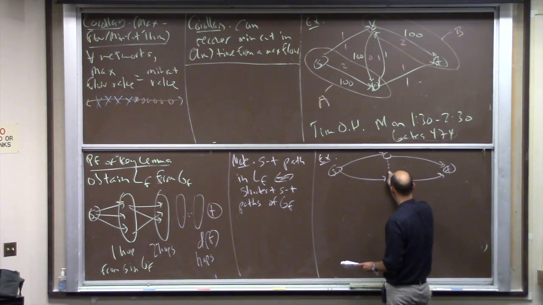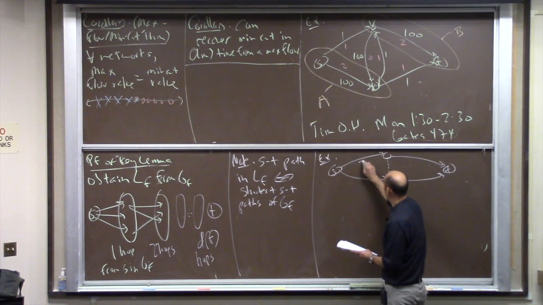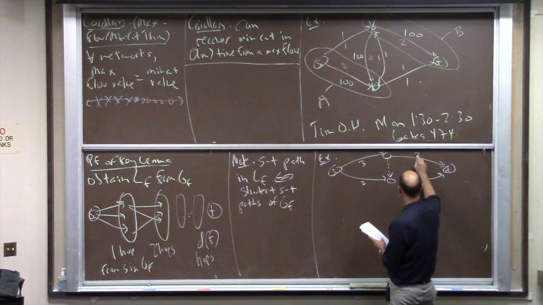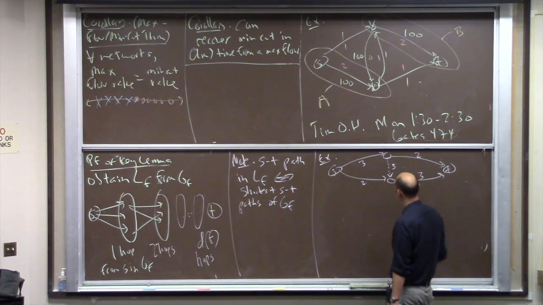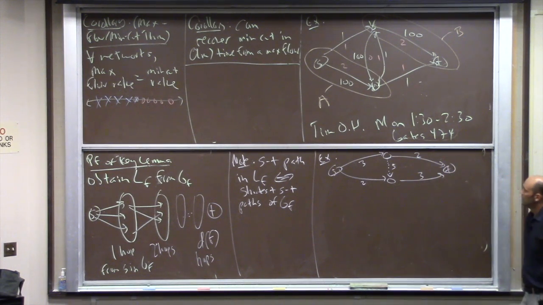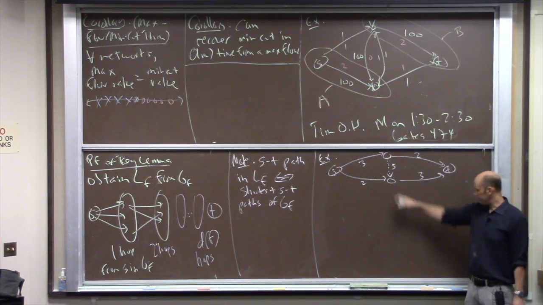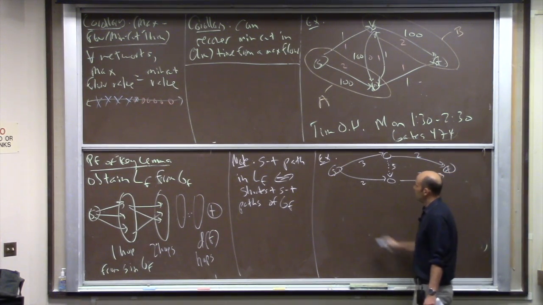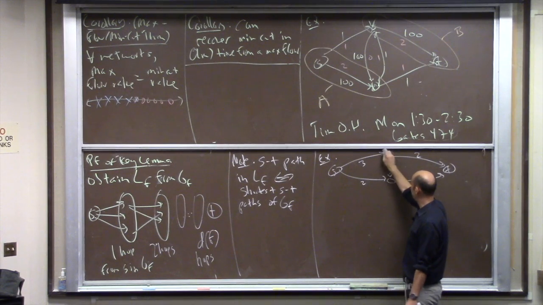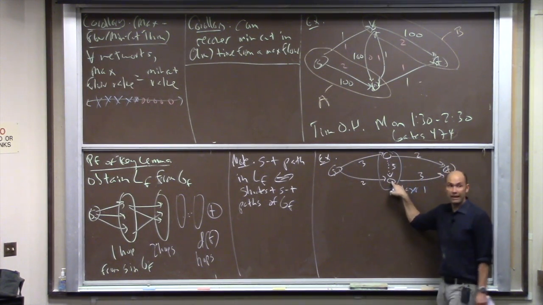So here's our usual running example. Here the layered graph omits the edge 5. Why does it do that? Well, the source is basically layer 0. These two vertices are layer 1, right?